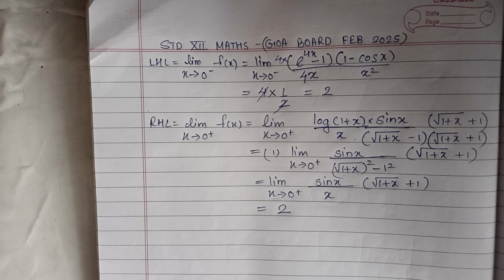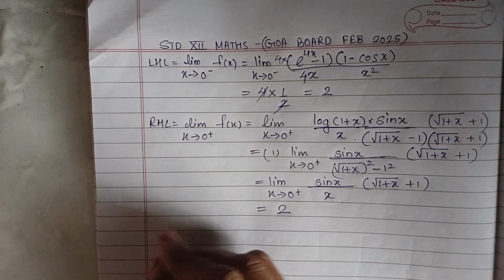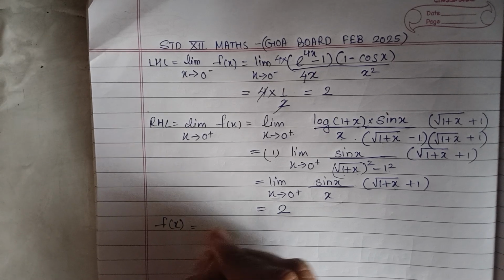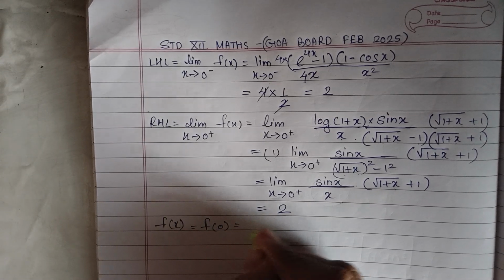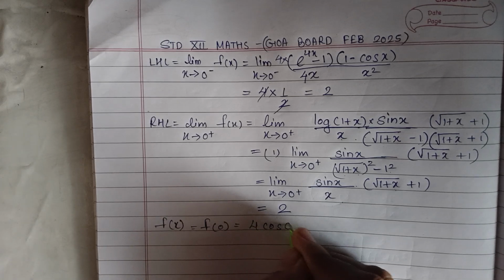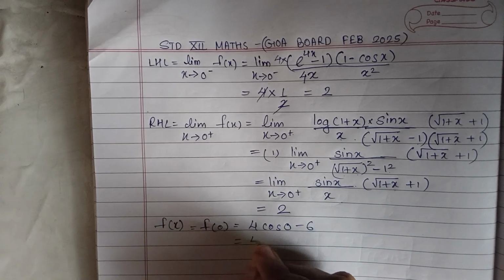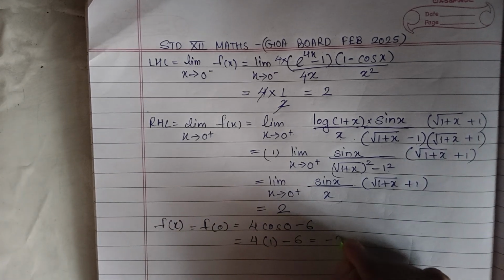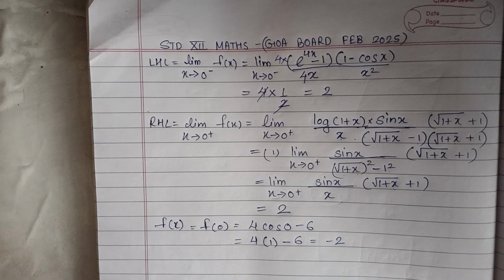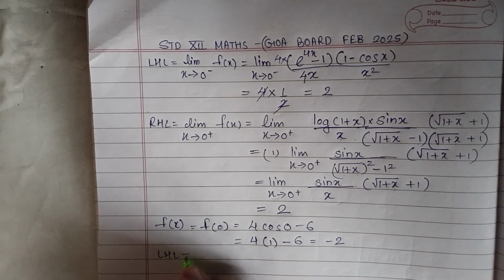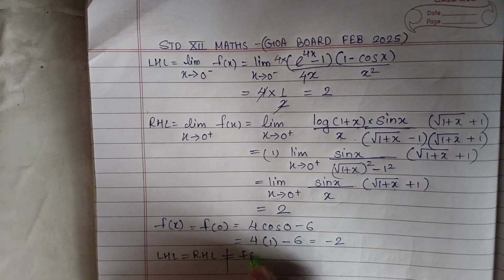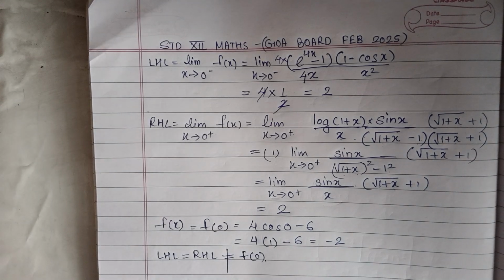Let's check for f of x at x equal to 0. So f of 0 is 4 cos 0 minus 6 cos 0 is 1, so this is minus 2. So we have left hand limit equals right hand limit, but it does not equal the value at f of 0, correct?